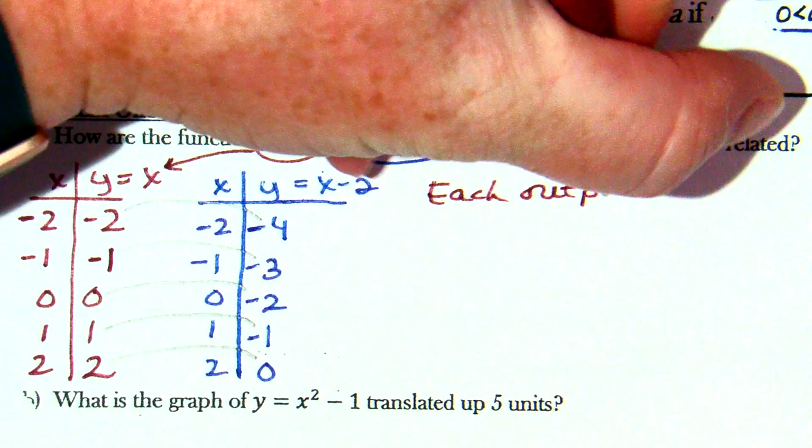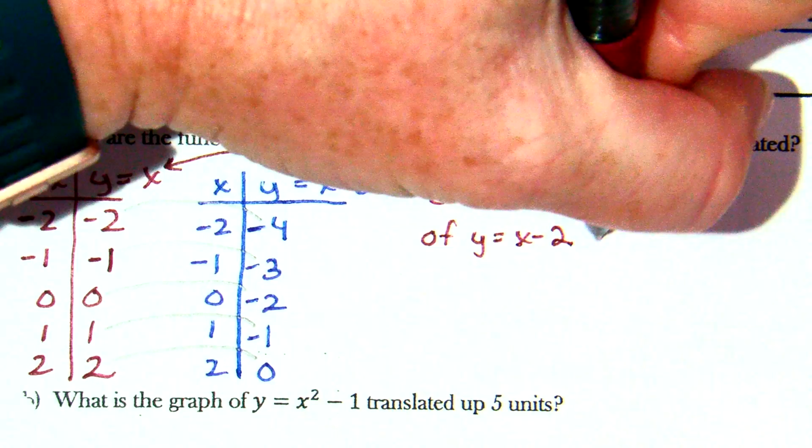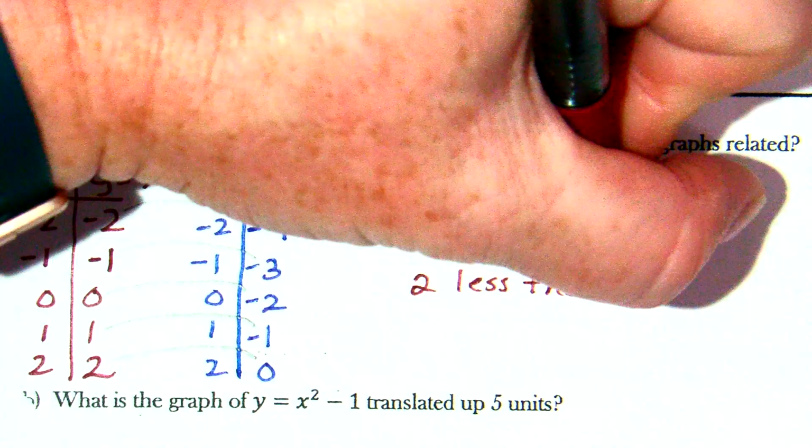Each output of y equals x minus 2 is 2 less than the output of y equals x.